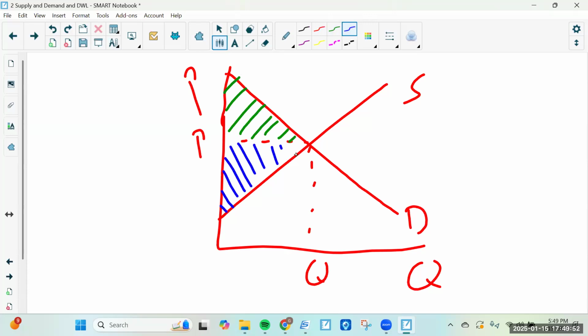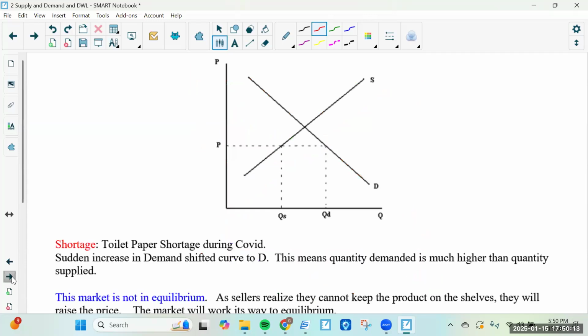That would be total surplus. Oops, that's too high. Gotta stay in my lane there. Okay, there we go. So that would be total surplus. That's going to come into play later on in the course. Right now, not really something you need to worry about. I don't think this unit's test is going to ask anything about total surplus. Okay, let me hit this real quick.